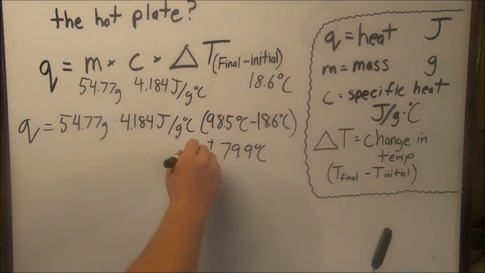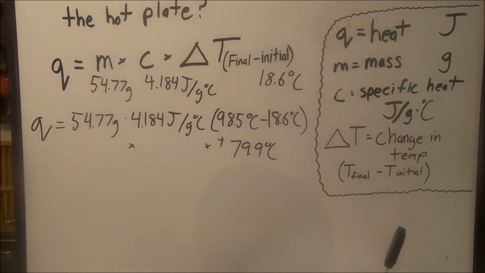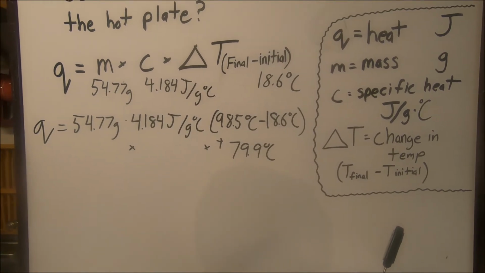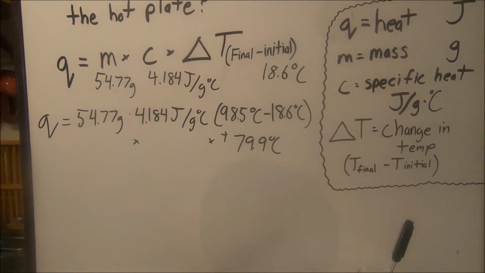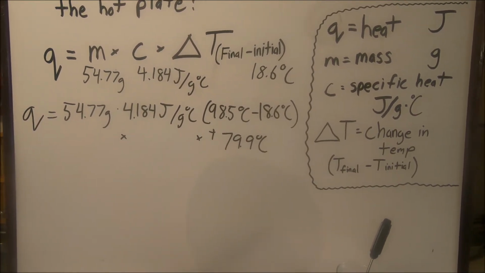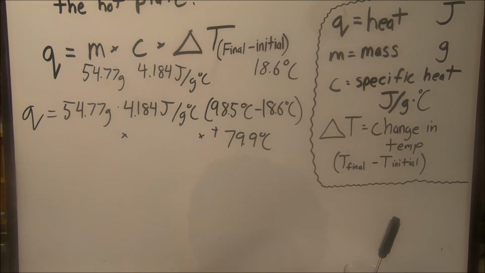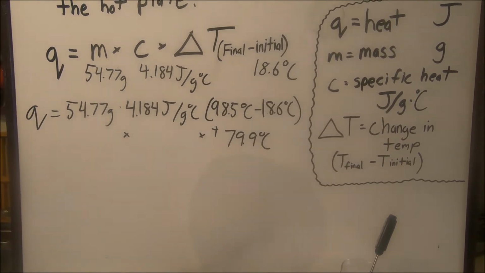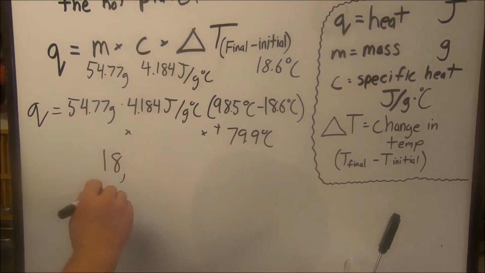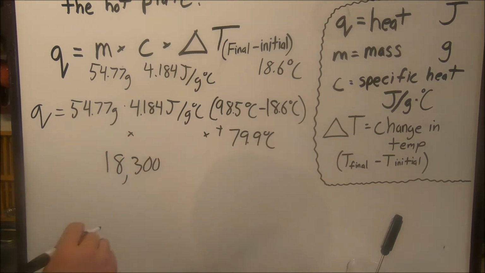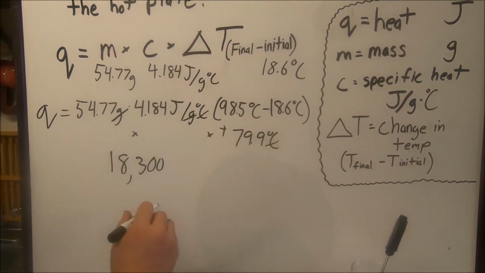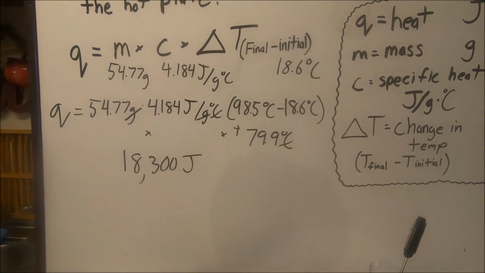So if we take that and multiply by our mass, and multiply by our specific heat, we get a total of 18,300 units. Grams will cancel grams, degrees Celsius will cancel degrees Celsius, and we're left with the unit joules.